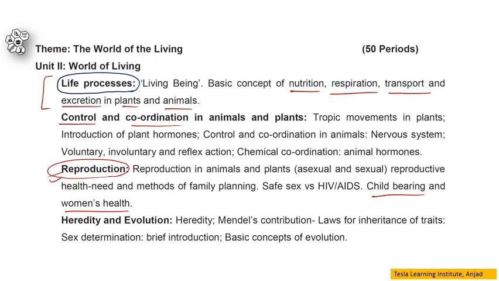We're going to discuss this whenever we delve into these chapters. Heredity and evolution is a chapter in which we're going to talk about how the single-celled animals in the beginning evolved into such complex and diverse living beings today on the planet, like human beings and different animals and plant lives.